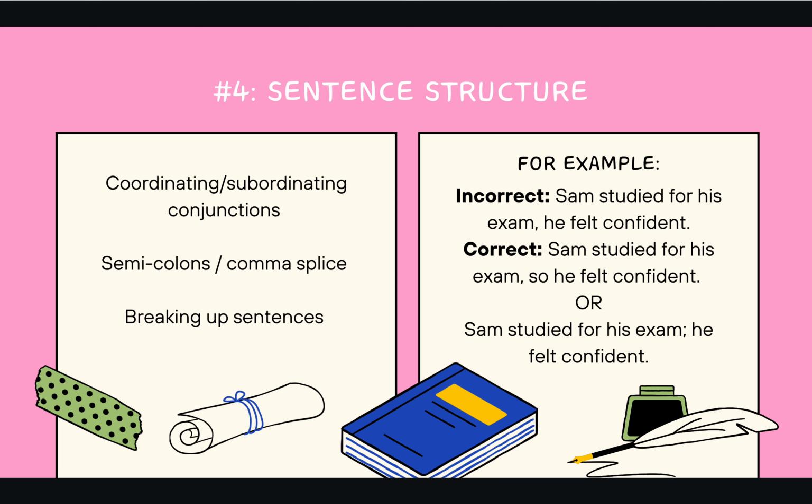Sam studied for his exam, semicolon, he felt confident. With that semicolon just indicating, hey, these two ideas are still connected to each other. And then, of course, you can just break things up into two sentences. So that's another really helpful one. If you don't necessarily need the two independent clauses to be in the same sentence, just make it two sentences.